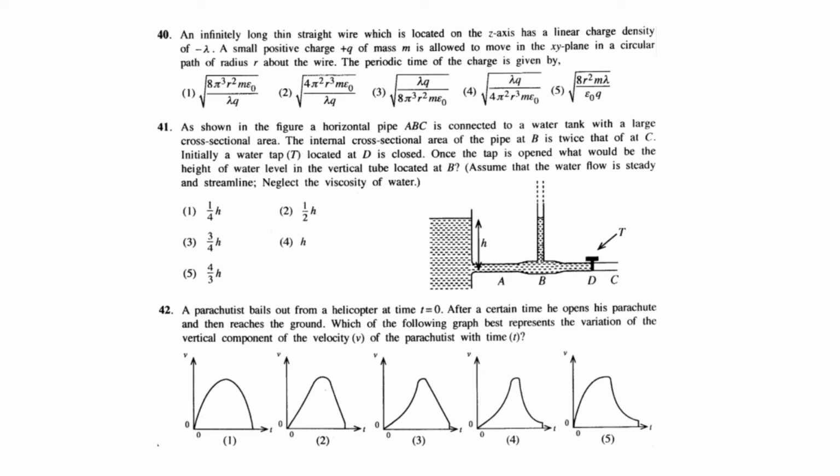Let's consider the rate of flow of water inside the tube ABC. Rate of flow of water is given by A times V. A is the cross-sectional area of the tube. V is the speed of water inside the tube.